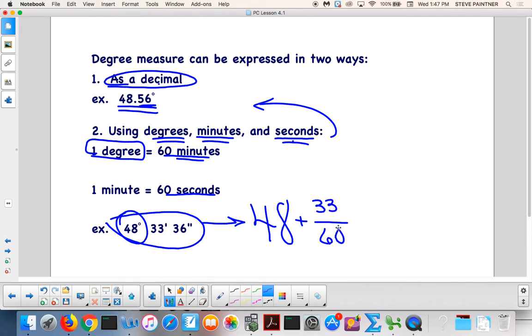So what decimal part of a degree did I turn? And then plus 36 seconds. Remember, 1 hour is 1 degree. How many seconds are in an hour? Oh god, 360. A lot more than that. Oh wait, 3600. Okay.